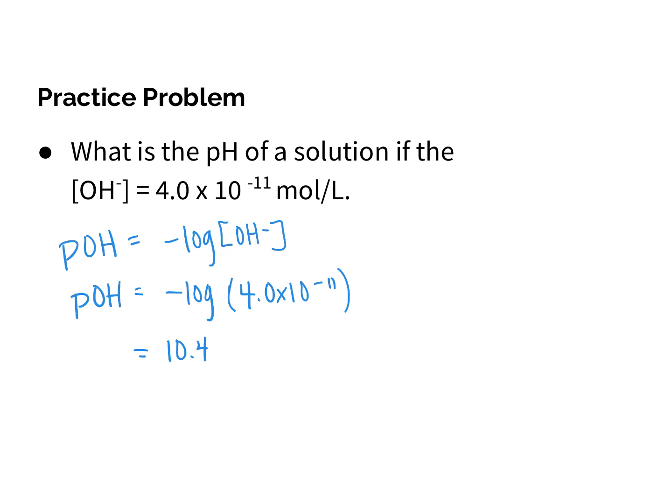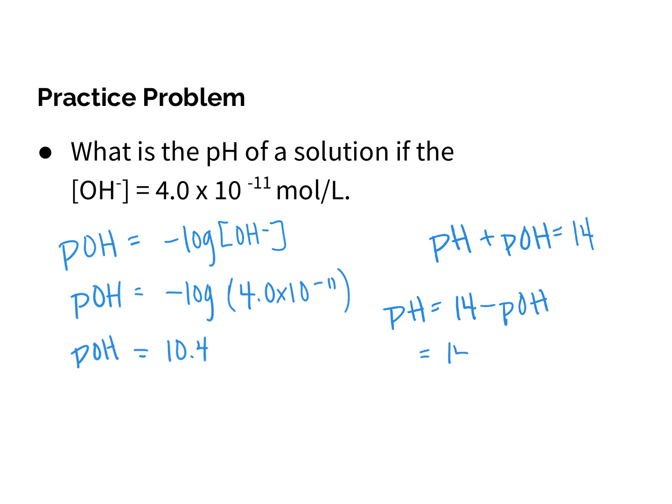But this is the pOH, and I want to solve for the pH. So now I'm going to use the equation that pH plus pOH has to equal 14. So if I rearrange, pH is going to equal 14 minus pOH. So I'm going to take 14 minus 10.4. So I end up getting 3.6 as my pH.